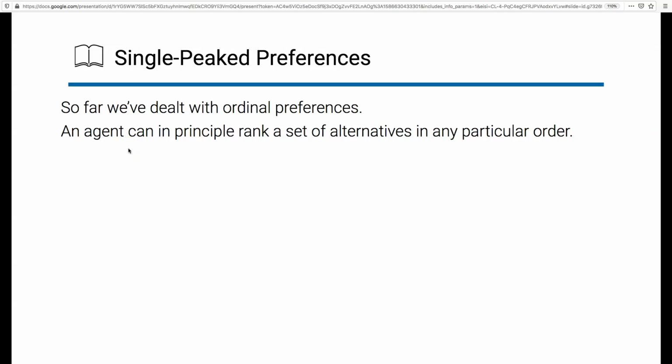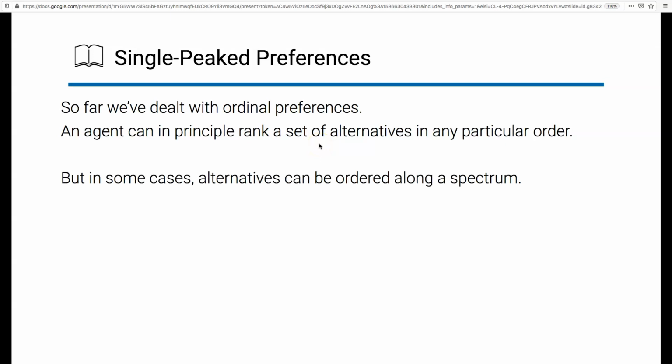But in certain cases, we can make our life easier by restricting the set of possible preferences by looking at what's called single-peaked preferences. And I'm going to give you an example that you're familiar with. In some cases, alternatives can be ordered along a spectrum, and think about the political spectrum.